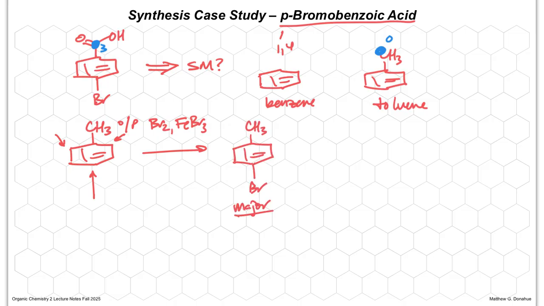So now we have the right relationship we need. The only remaining step is to change the oxidation state. Because this carbon that we started with in toluene has a hydrogen, and remember the minimum requirement is 1 hydrogen, what we can do is benzylic oxidation.